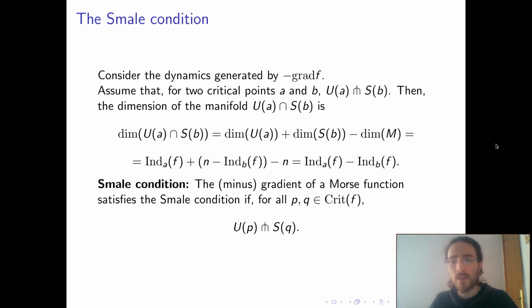And if we ask ourselves if this condition is too restrictive, so we cannot construct this complex at all, it is not. I'm not going to prove it here, but in the references you can see it extensively. There are two ways of doing this. The most intuitive way is that you can deform the Riemannian metric that you use to define the gradient, and doing a small deformation, this condition will be satisfied always in a generic sense.